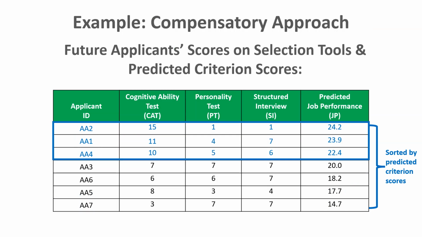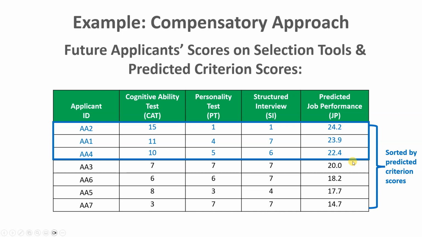So again, these would be the 3 applicants that we would extend job offers to if we needed to fill 3 vacancies. And this decision was informed by the fact that we plugged in their scores on our 3 selection tools that are part of our selection system. Their predicted criterion scores, or predicted job performance more specifically, were these values here, which we sorted by.